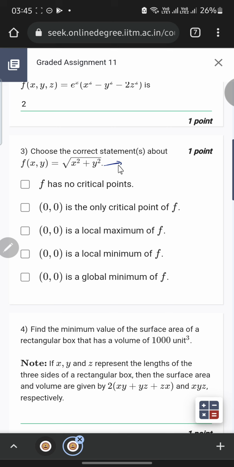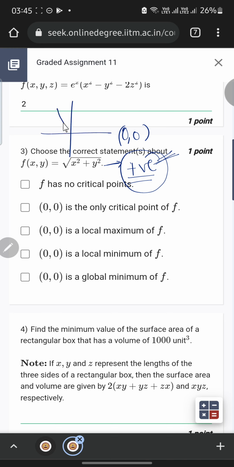So this term will always be positive, right? And the minimum value we can get from this term would be at 0 comma 0, right? It would have been another case if there would have been some constant added to it, but here it isn't. So we can surely say that this graph would have been something like this.